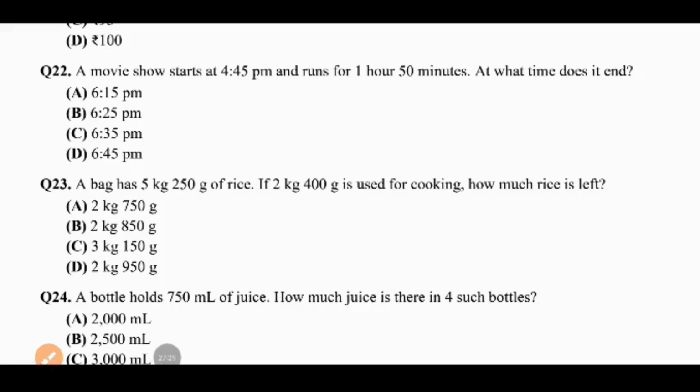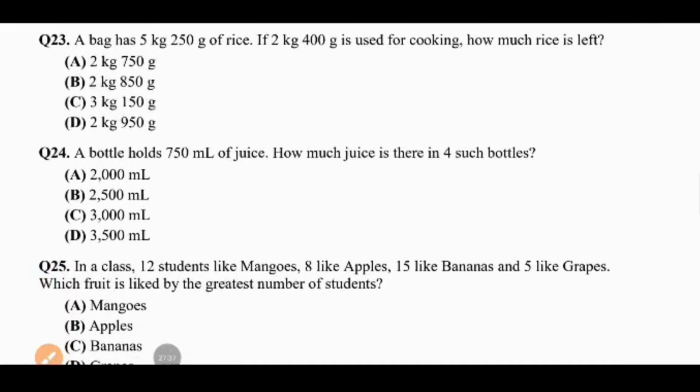It means answer B is correct, which says 2 kg 850 grams. Now moving to question number 24. A bottle holds 750 milliliters of juice. How much juice is there in 4 such bottles?